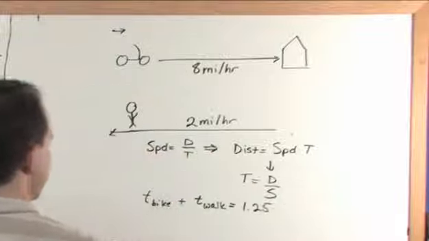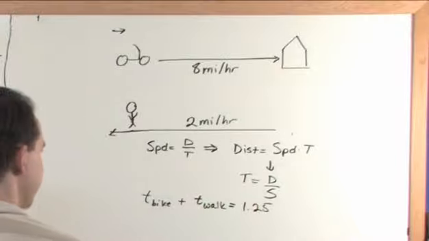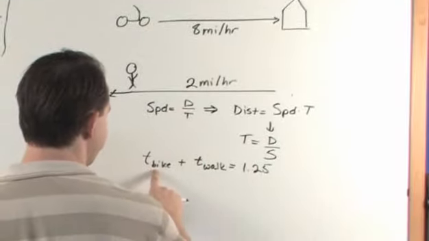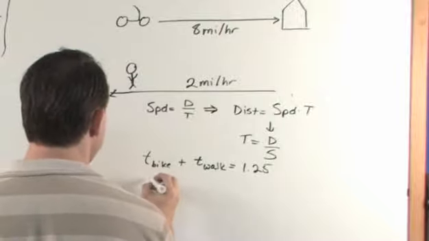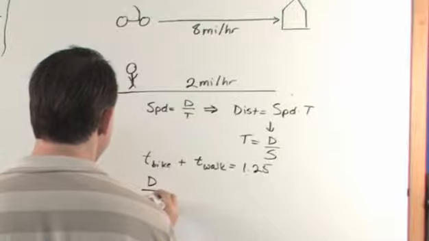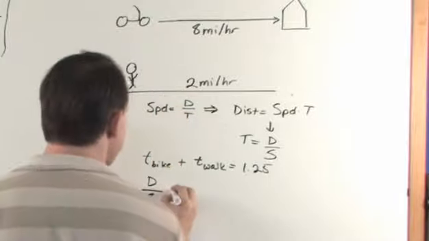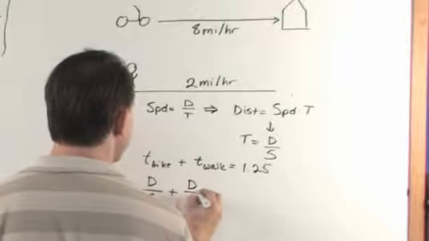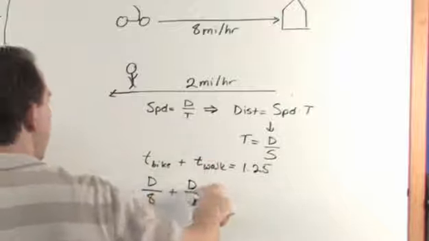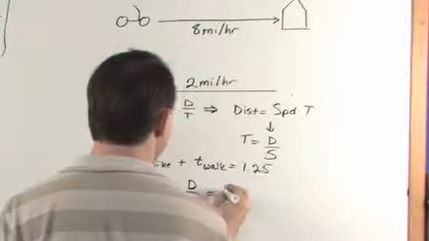So we're going to use these 2 facts, and we're going to write our equation like this. The time on the bike is equal to the distance that I traveled divided by 8 miles an hour, because the speed was 8 miles an hour, plus the distance here divided by the speed that I walked, which was 2. That's going to equal 1.25.